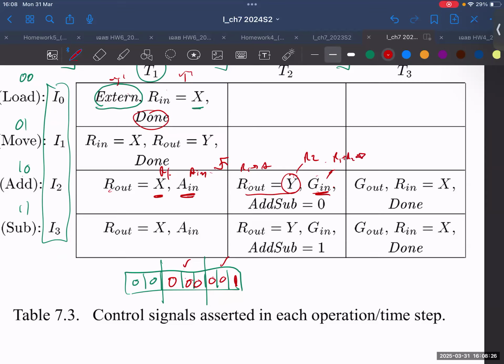It has already come out, and it will stay at the entrance of G, but not in yet. And at the same time, you need to provide N sub equal to 0, which means that you're adding up. So once the clock comes in, the result will be stored in here already, right? And then you move it back by R in 1, which is 1, right? And then done. Done means, hey, I'm ready. I'm finished with this command. You can see you need 3 clock cycles, not just 1.